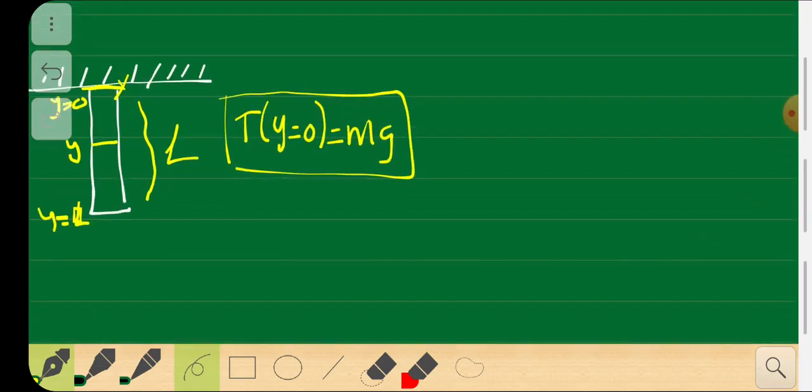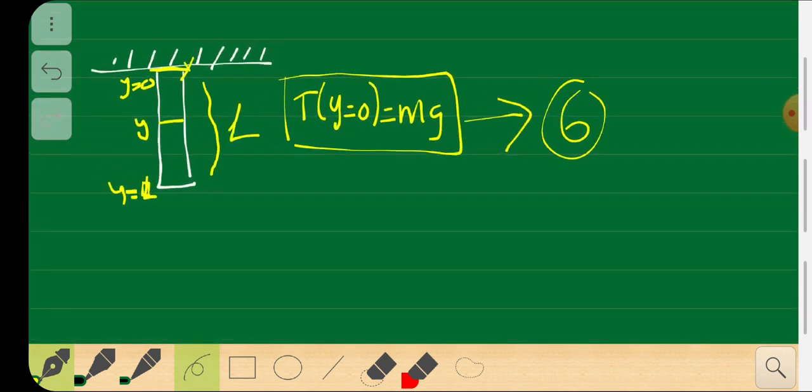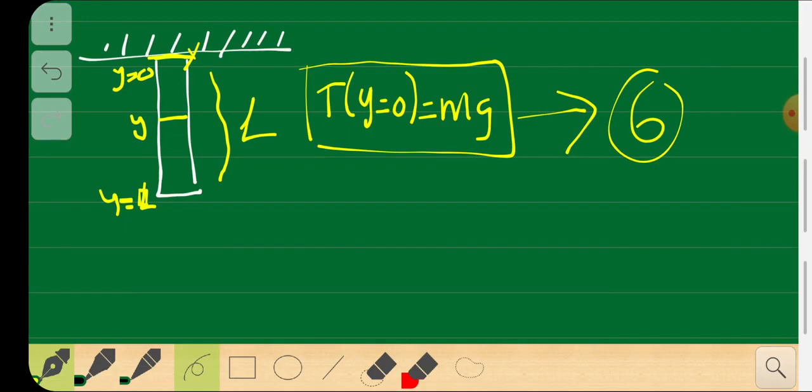Let's call this equation 6, for reference. Now at an arbitrary point y, we can write down the equation of motion here. Whatever the force here is, m1g, which is m1a, under the influence of gravity.